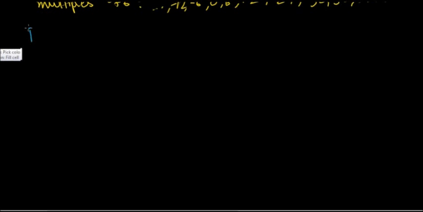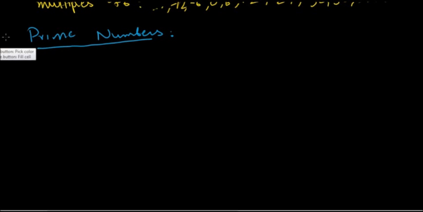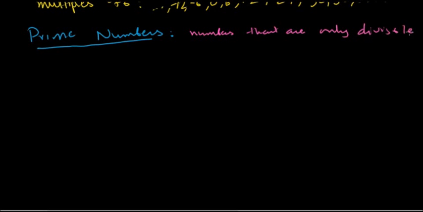Next we have prime numbers. So these are very special numbers, and their definition goes like this. Numbers that are only divisible by 1 and itself.